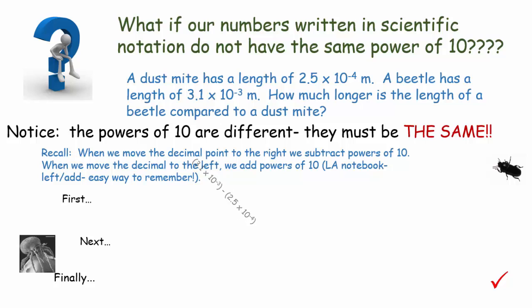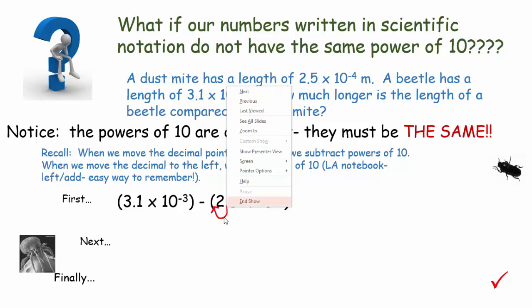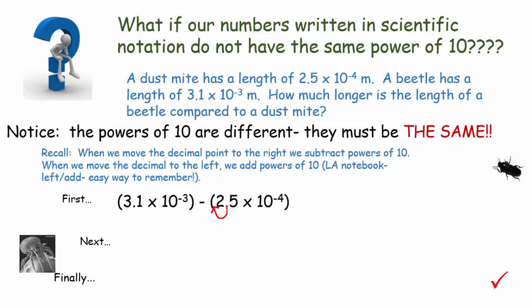So the first thing we're going to look at is taking 3.1 times 10 to the negative third and subtracting off 2.5 times 10 to the negative fourth. Well, the first thing you need to do is you need to get your powers of 10 to match. So you've got to take your 2.5, move the decimal point 1 to the left.